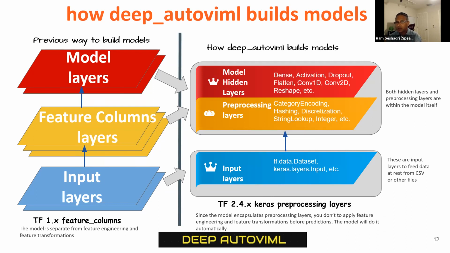If you are interested in putting models into production, the old way of doing things would mean that your test data would also have to go through this logic of feature column processing because they were not available in the Keras model layers. But with the new pre-processing, both the hidden layers and the pre-processing are in a single model. All you have to do is send in the raw data, and it will automatically do the pre-processing, and the model hidden layers will make predictions.